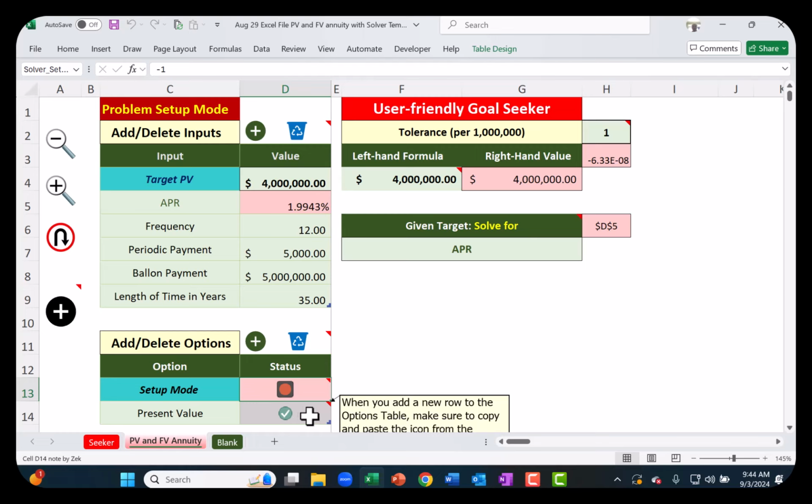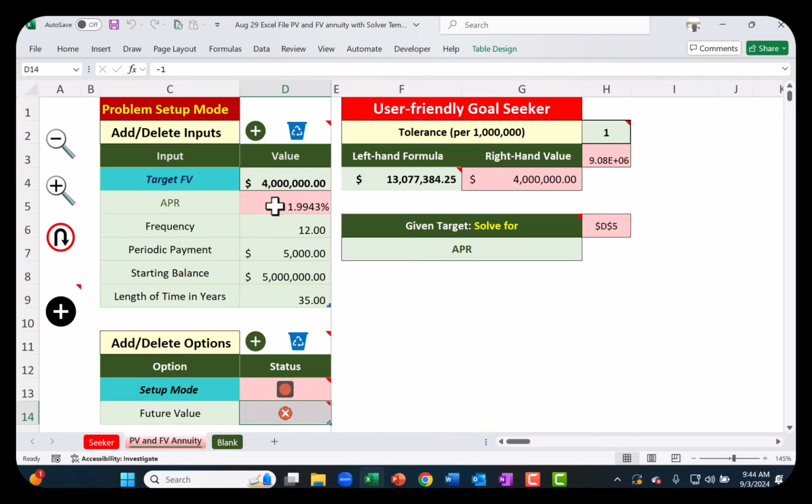Well, first of all, I want to make this future. Okay. So what are my inputs? That doesn't matter. That's only when you don't know something other than the future or present value.